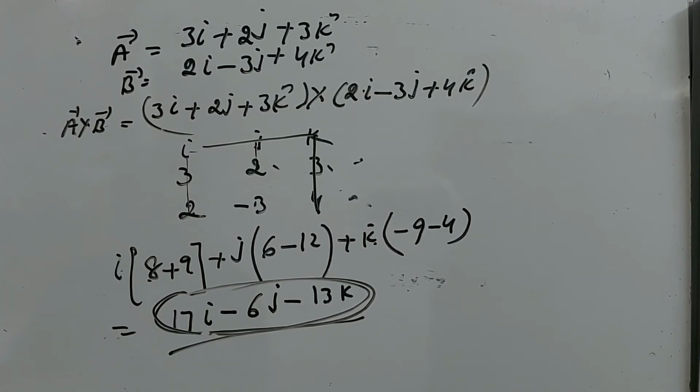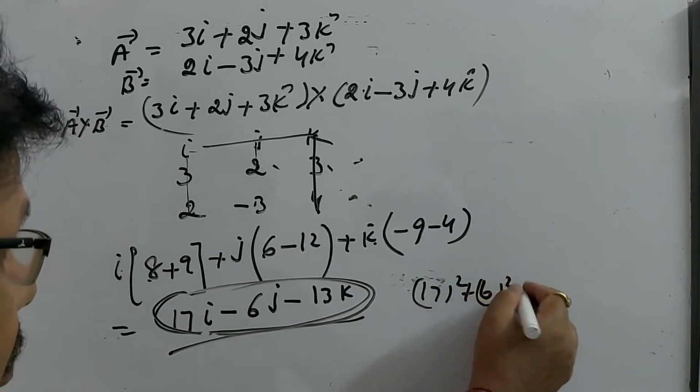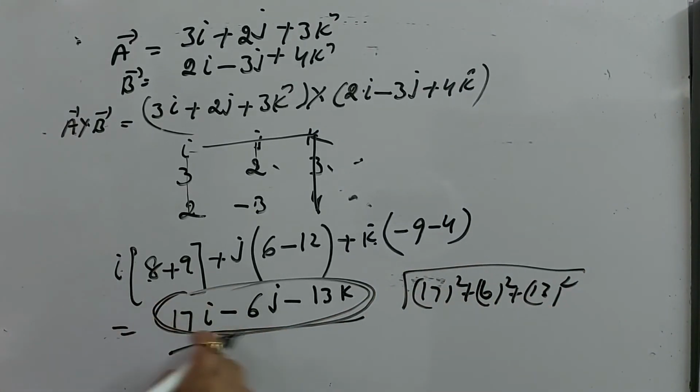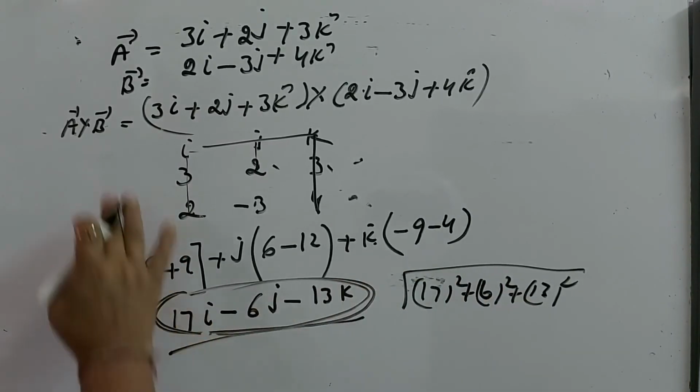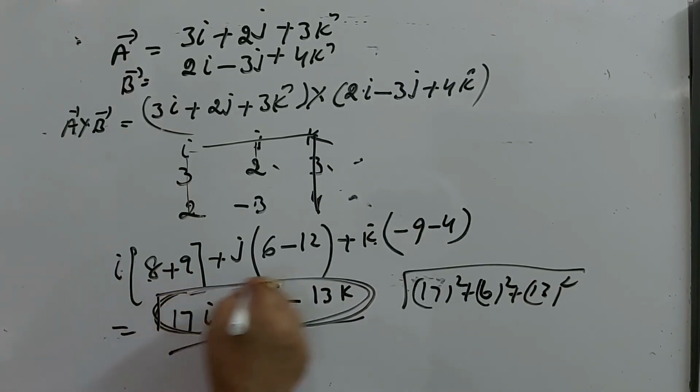How is the unit vector found? You divide this vector by its magnitude, and its magnitude is the square root of 17 squared plus 6 squared plus 13 squared. You find this magnitude. If you divide this vector by its magnitude, you will get the unit vector perpendicular to a cross b. And if we have to find the value of a cross b only, then this is the answer.